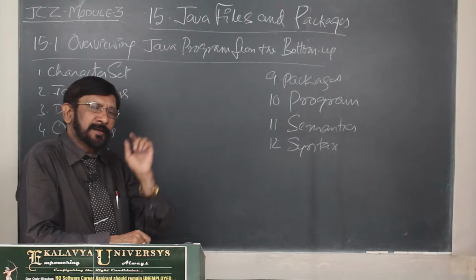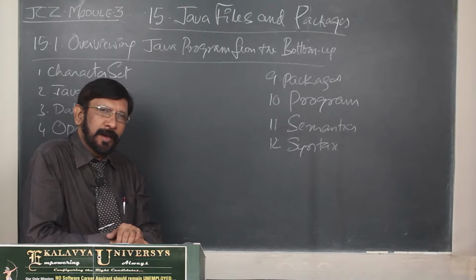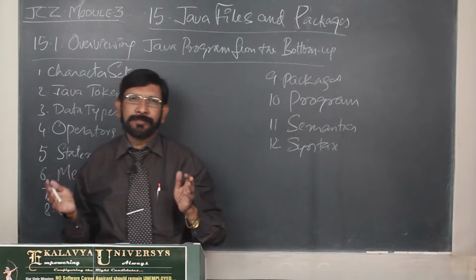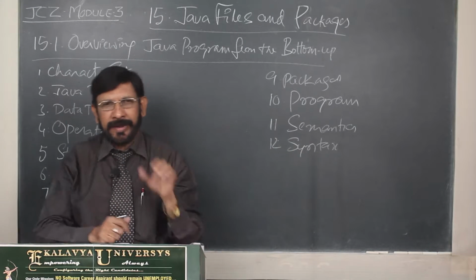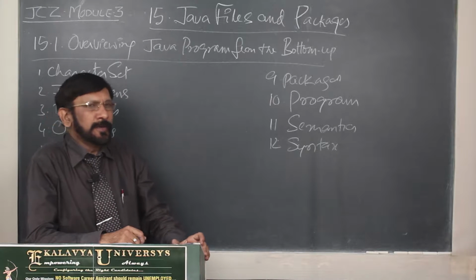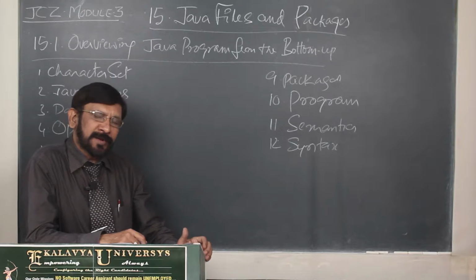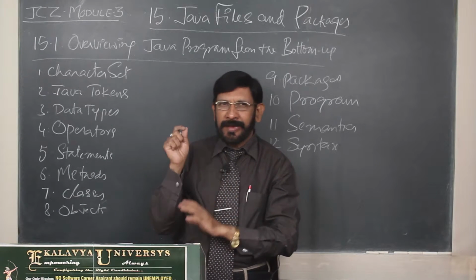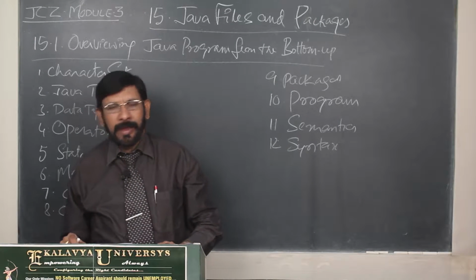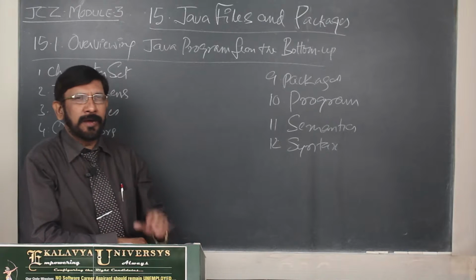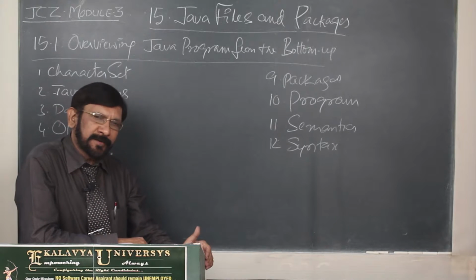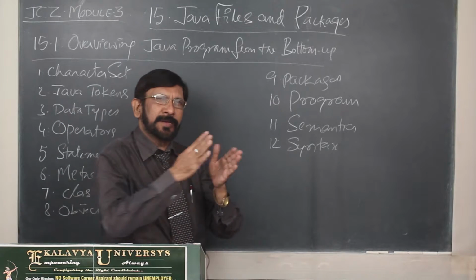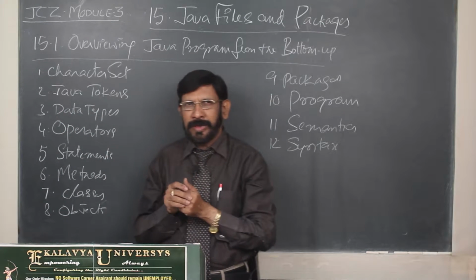Java uses a set of characters called the Java character set. Java uses the Unicode character set, whereas C and C++ use the ASCII character set. What is the difference between the ASCII character set and the Unicode character set?